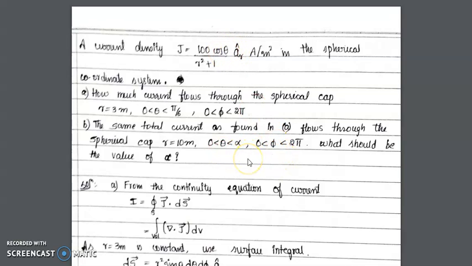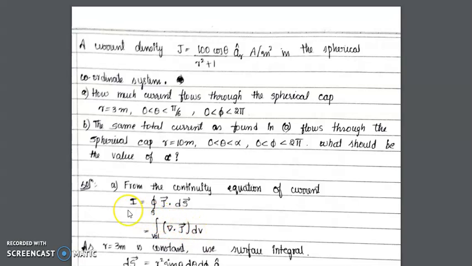So we can write the surface area which is normal to AR cap with respect to d theta and d phi. Now I is equal to the surface integral of J dot ds. With the same technique, we could write the volume integral of del dot J into dv, but here there is no need to use the volume integral equation.